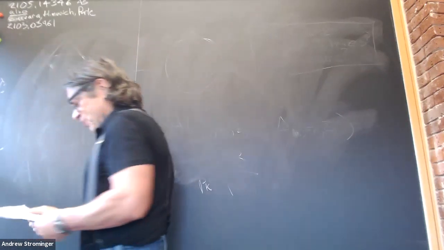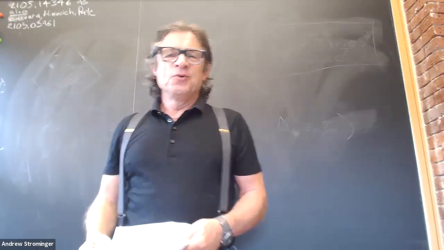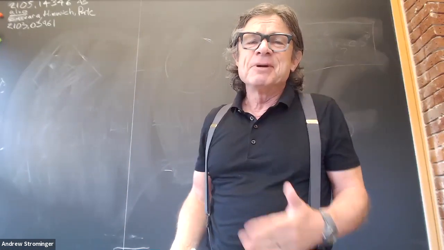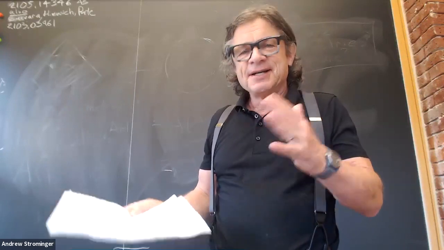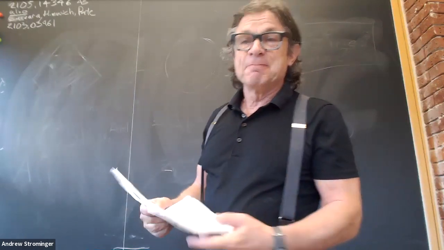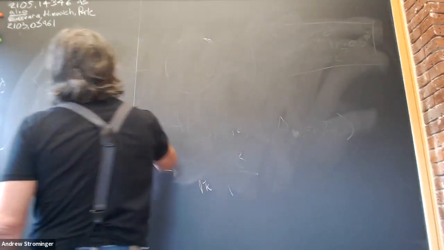Okay, so now I'm going to write down a formula, which was some amount of work to derive. But I'm just going to write down the formula and tell you what each term in it means without deriving it.